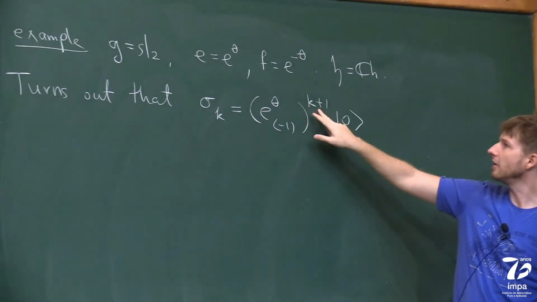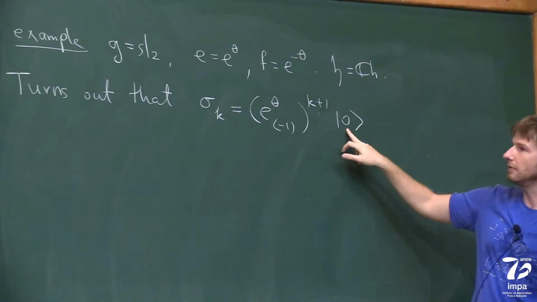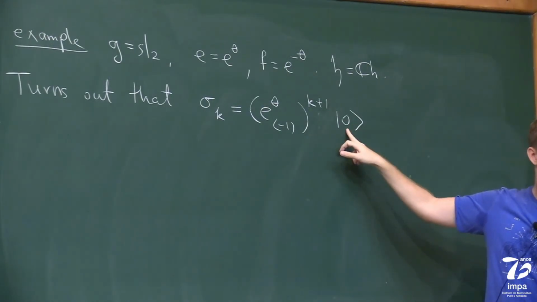and apply it k plus 1 times to the vacuum vector, this is what's called a singular vector.